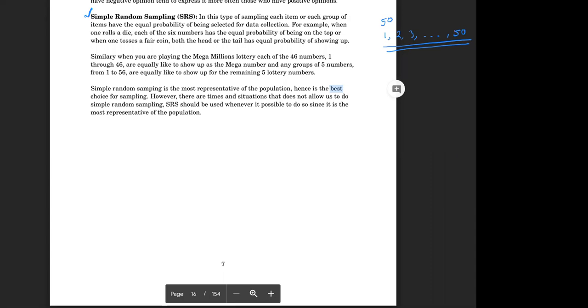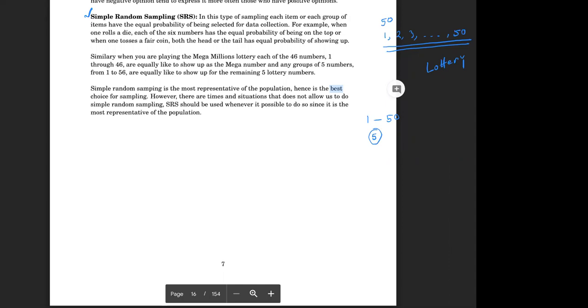A great example is the lottery tickets, right? When you select a number, let's say from 1 through 50, they actually take 50 small cubes with numbers labeled on them, and they randomly rotate them and then select numbers.